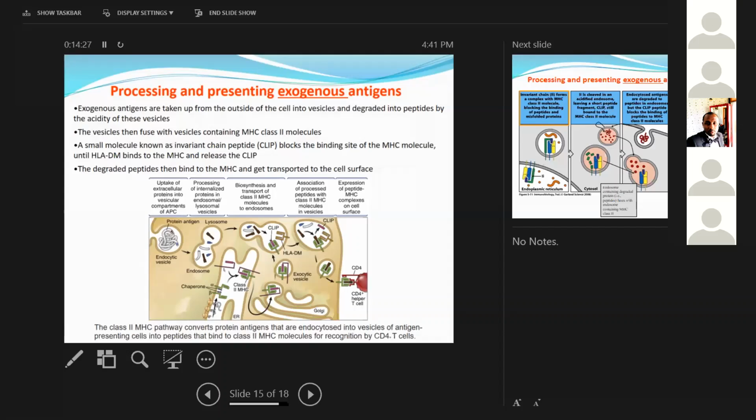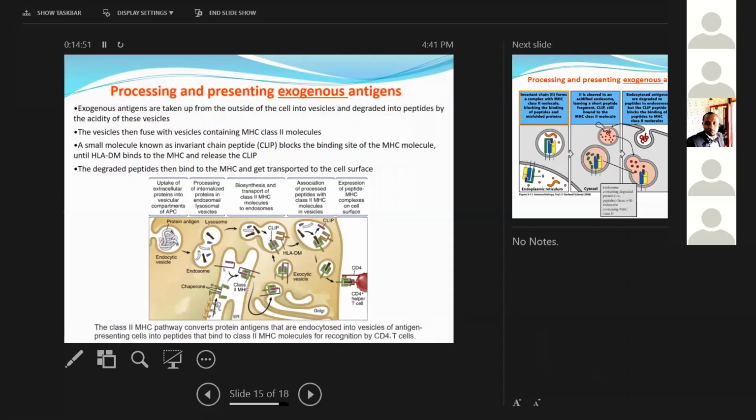At the same time, we have the MHC class 2. The MHC class 2 is synthesized in the endoplasmic reticulum. But now the MHC class 2 will not wait in the endoplasmic reticulum for the peptide. No, they will actually meet outside. So the MHC class 2 will also be carried in a different vesicle, and these two vesicles will meet and fuse together.